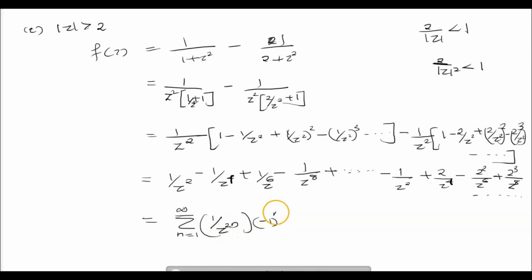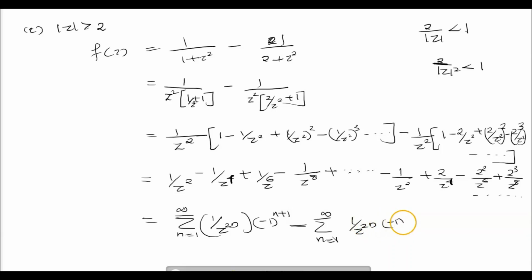Minus 1 power n plus 1. Since starting term is 1 by z square positive, we put n is equal to 1, we get minus 1 square positive. Second term, take minus common outside. The remaining is n is equal to 1 to infinity, since starting term is 1 by z square and all are even powers of z, this is 1 by z raised to 2n.